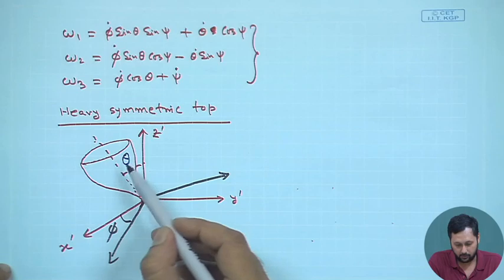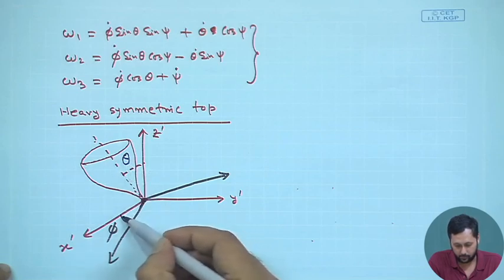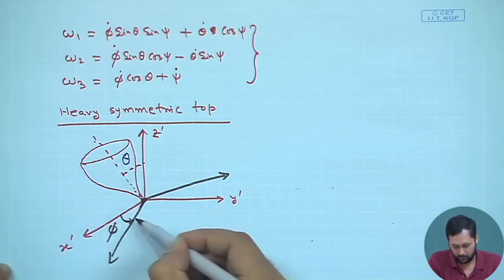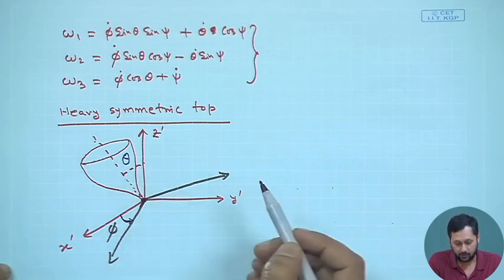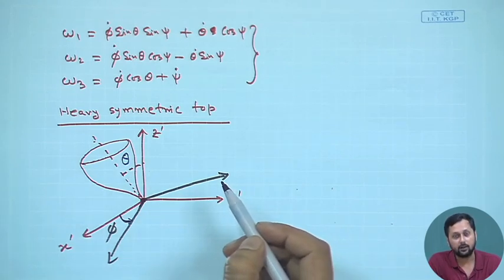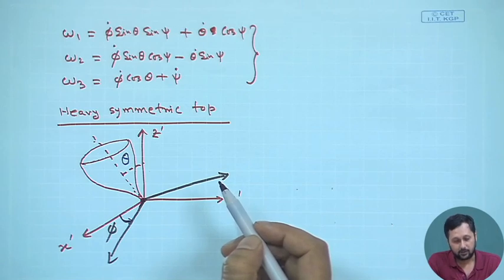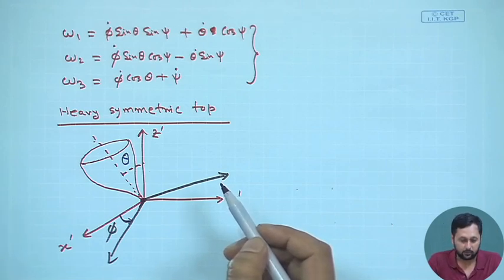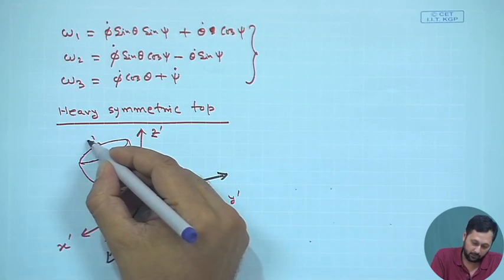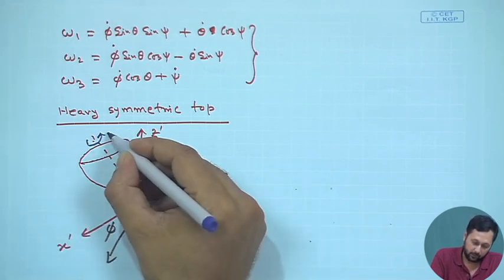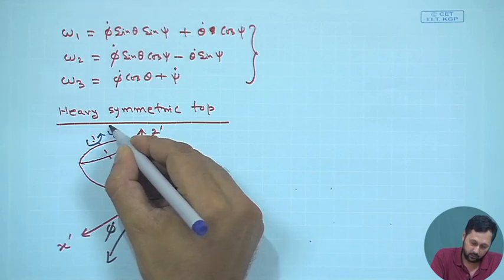See what happens if the top rotates around its direction. This is the first Euler angle, this is the second Euler angle, and for the third Euler angle we can assume that the top is spinning with an angular velocity of psi dot.